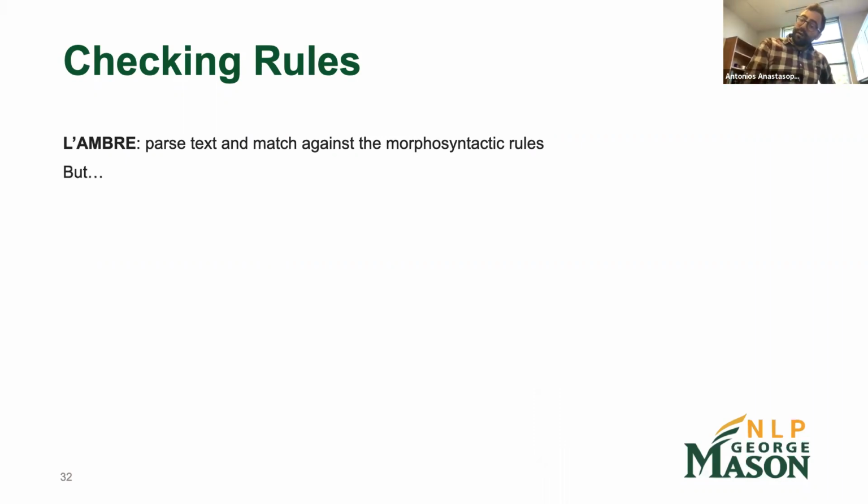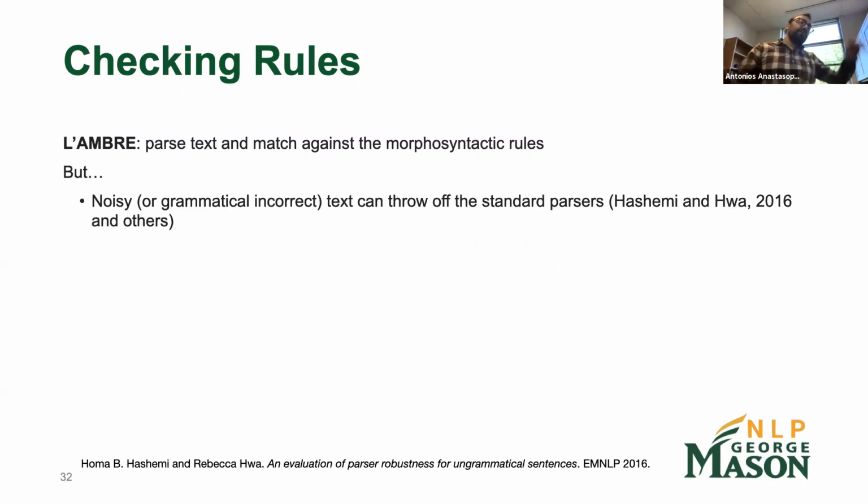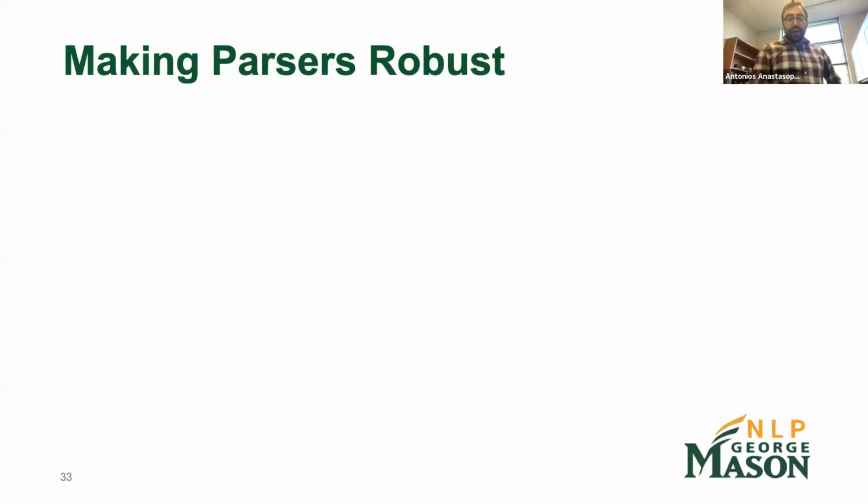But now there's a little problem here, which is that if you have potentially noisy text, or grammatically incorrect text, this actually throws off our parsers. So what we had to do is make our parsers robust to noisy text that potentially has errors, right?